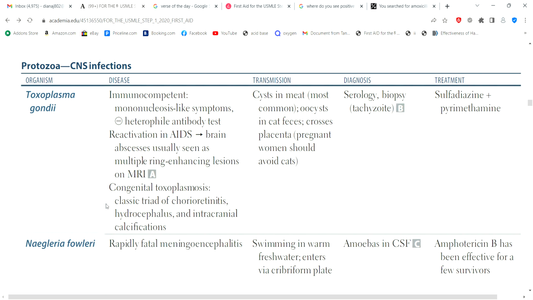So when your CD4 count drops below a certain amount, Toxoplasma gondii comes back up. It will come and take over. It's evil. It goes to the brain, and the way you see it is on MRI, you see ring enhancing lesions.